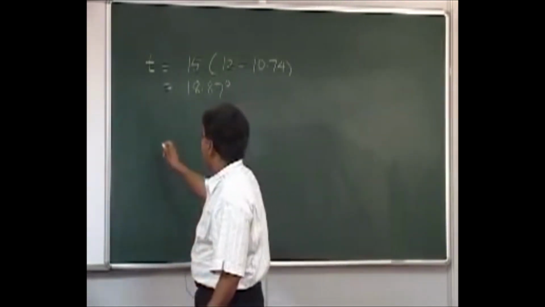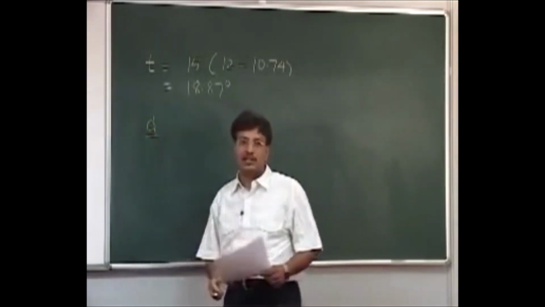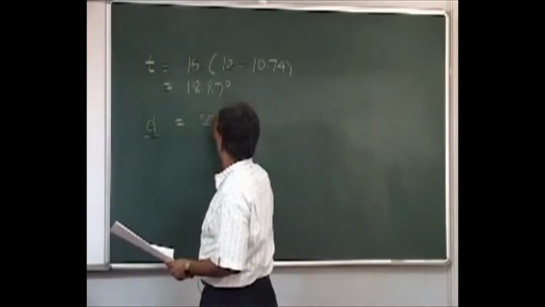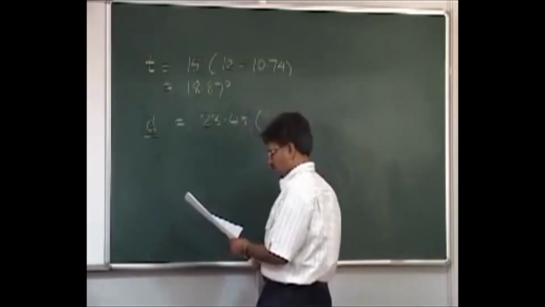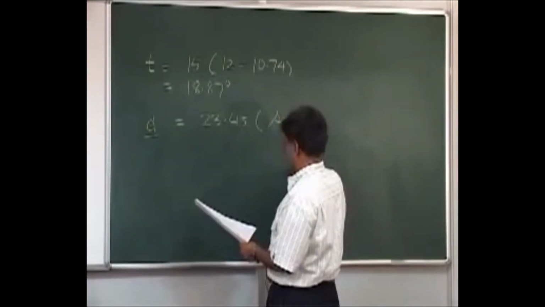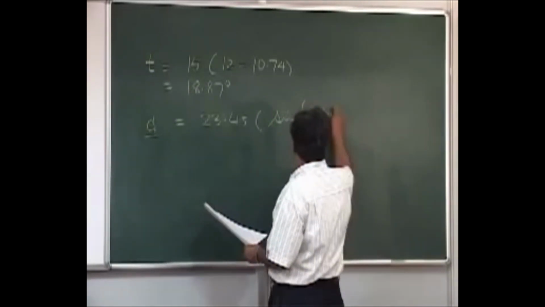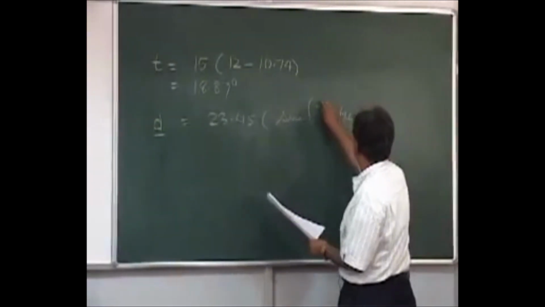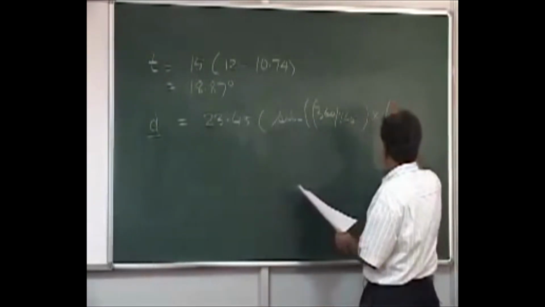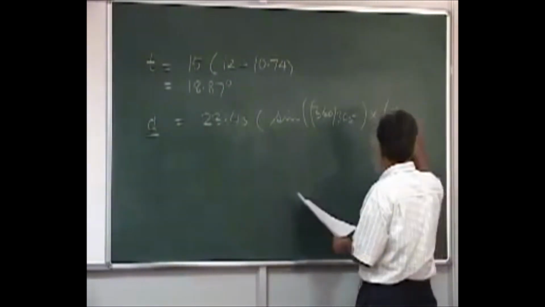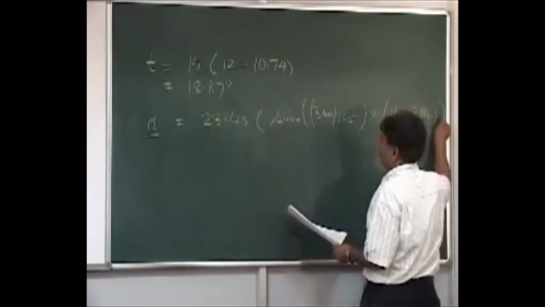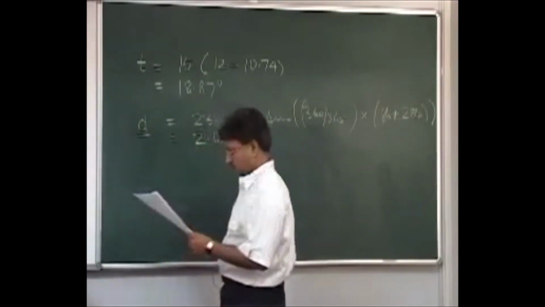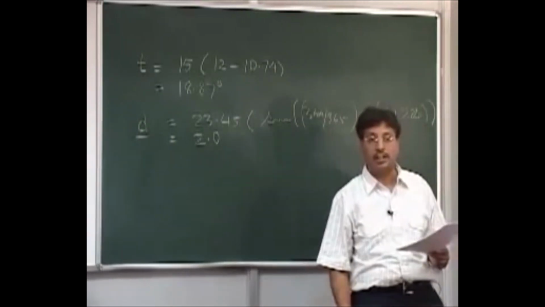Then I can find the declination. The declination, if you recall, was 23.45 sine 360 by 365 multiplied by 86 plus 284, and that came out to be a small number, approximately 2.0. That was the sun's declination.